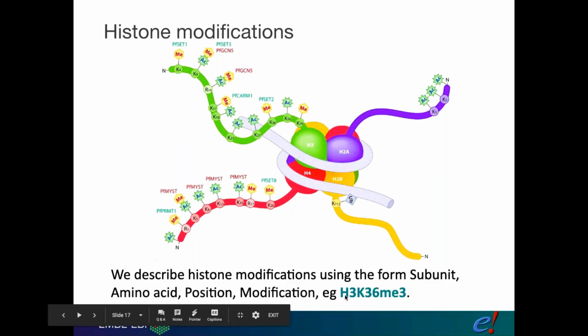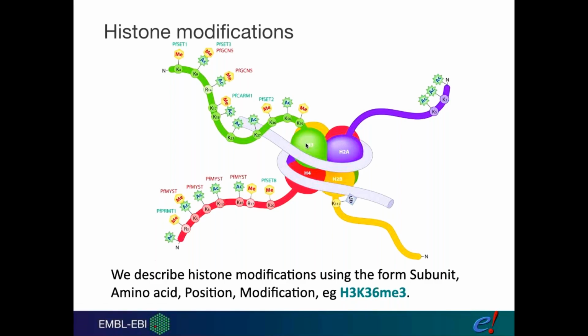So we've got H3K36Me3, so this would be histone 3, this green one here. K36 is lysine 36, so it's the 36th amino acid, not the 36th lysine. And Me3 means it's trimethylated, but it can also be monomethylated or dimethylated.